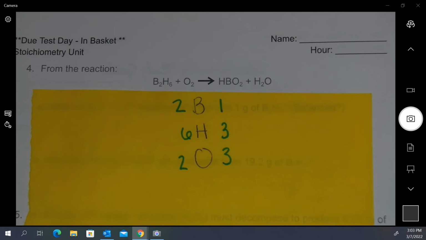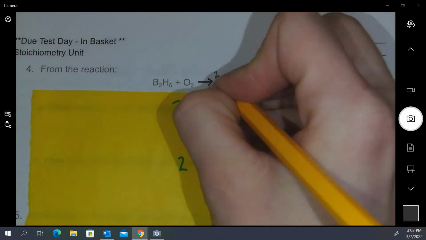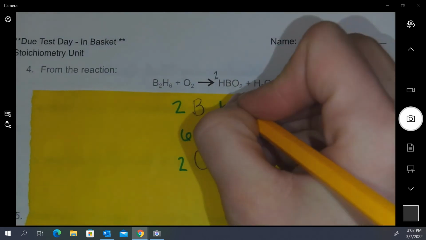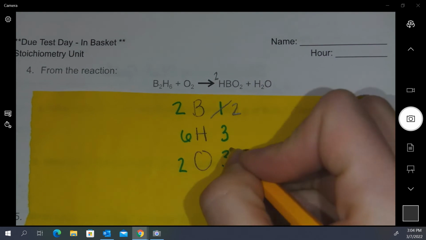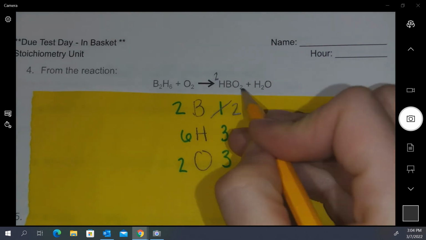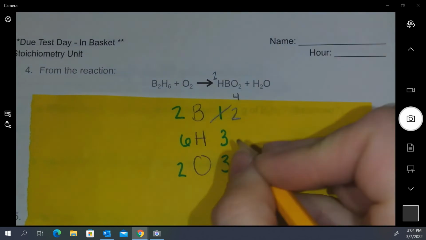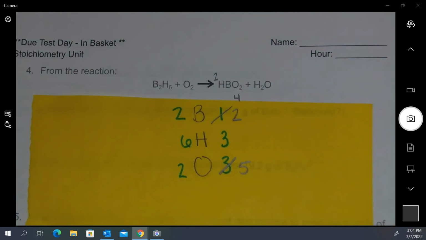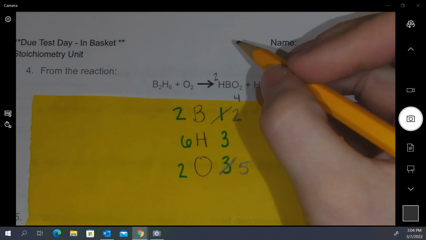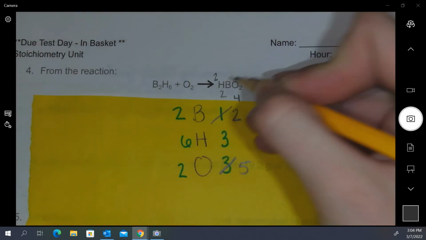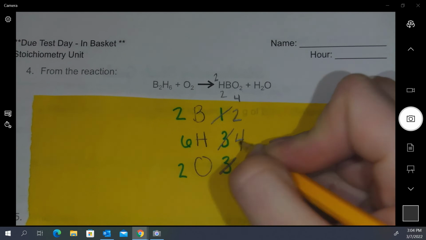We want to change that from a 2 on the left to a 2 on the right, so we're going to throw a 2 right here. When we do that, we now have 2 borons. 2 times 2 is 4 oxygen, plus that one is 5. 2 H's here plus those 2 is 4 H's.